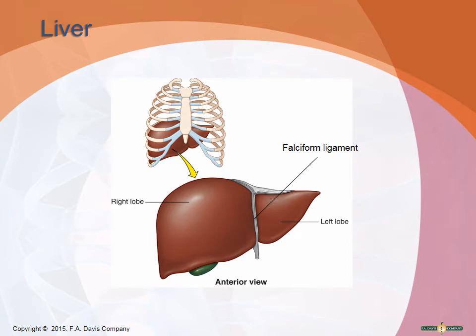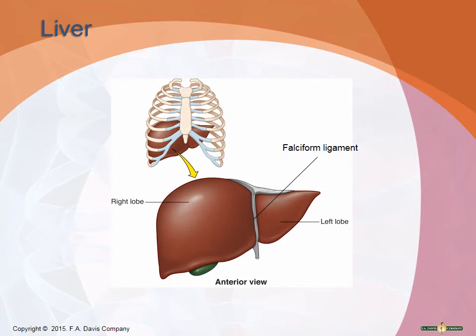When somebody has a peptic ulcer, and we'll learn about this in pharm, the treatment is going to include antibiotics. H. pylori, the number one cause of peptic ulcers, is a bacteria, so treating with antibiotics makes sense.